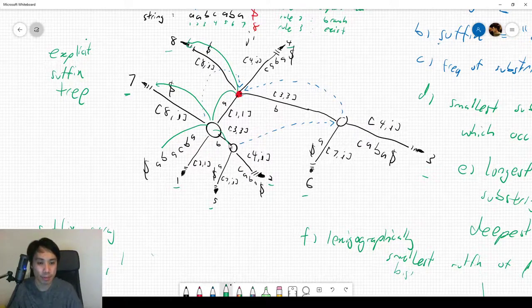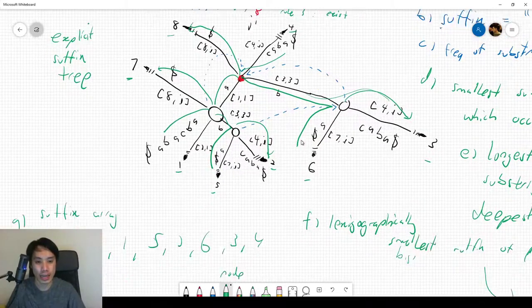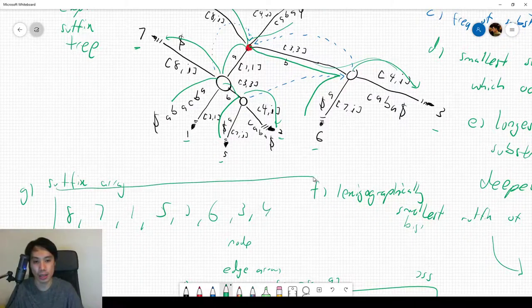AB, right, BA, 5, because I always prioritize left, then I go right. Go all the way back up here, prioritize left again, which is 6, can go right, because this is C, this is 3, go all the way back and go right, which is 4. You realize I already have a suffix array.